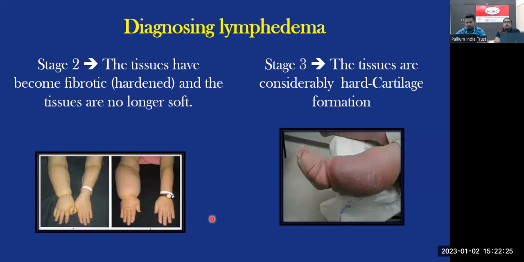In stage 2, the tissues become fibrotic and are no longer soft, because if you do not treat the lymphedema in stage 1, it definitely affects that area and goes to stage 2. And in the third stage, the tissues are considerably hard, with cartilage formation. So these are the 3 stages of lymphedema.